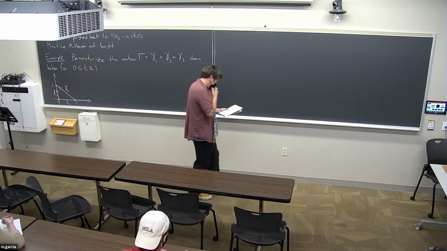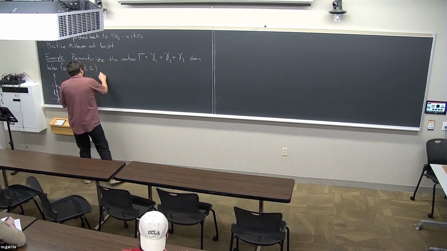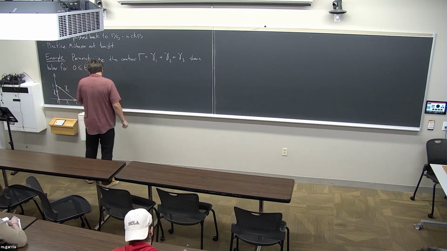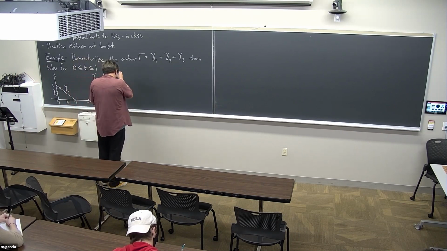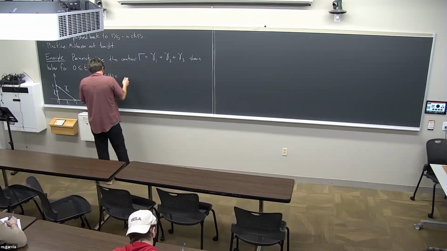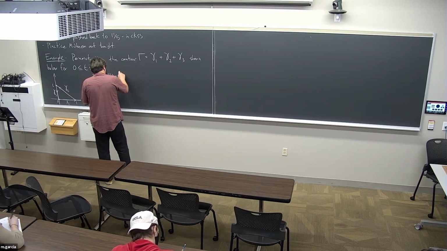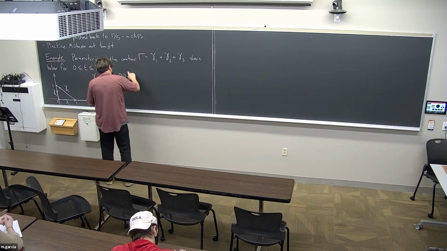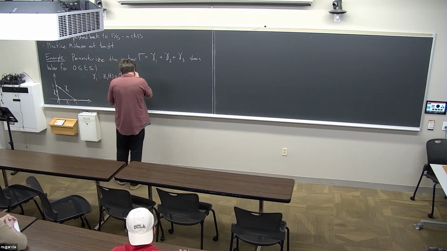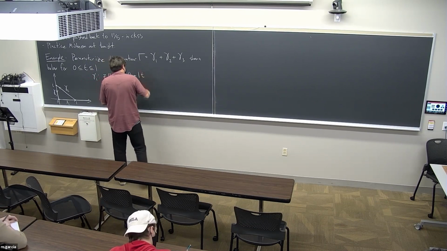For example, gamma 1, let me parameterize as z1 of t is equal to my initial point times 1 minus t, plus my final point times t.